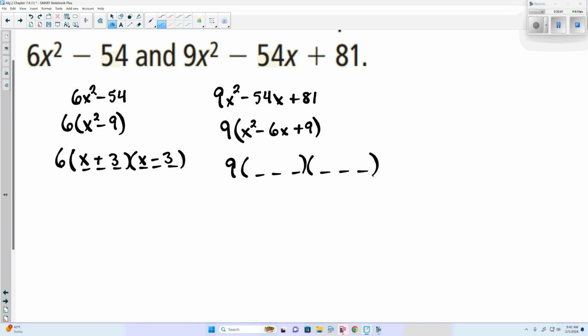We have 2 sets of parentheses with 3 spaces. The third term's positive, so the signs are the same and match the sign of the middle term: negative and negative. Factors of x squared are x and x. Factors of 9 are 1 and 9, or 3 and 3.